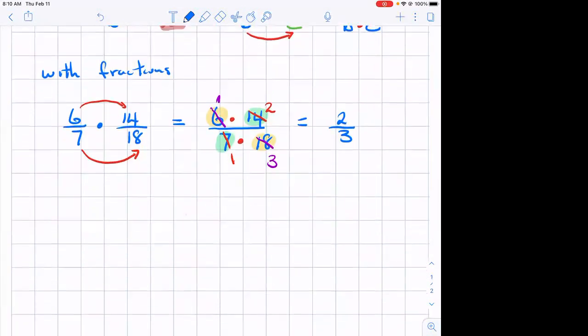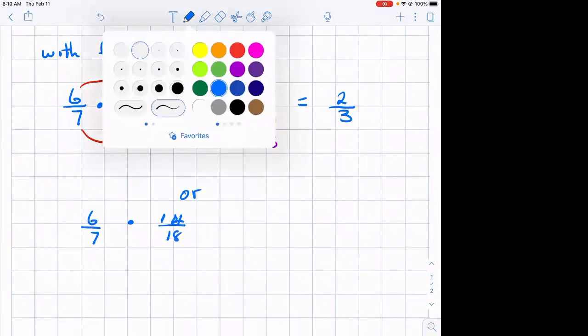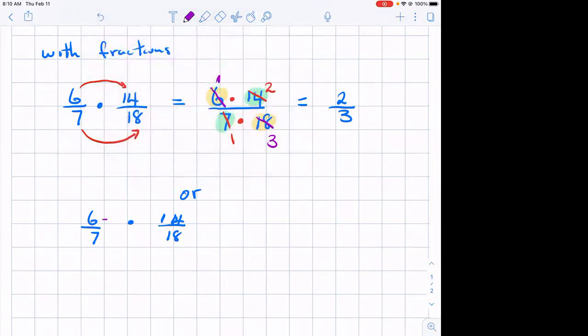In addition, what some of you had learned was to cross reduce. Some of you had learned how to cross reduce. And what do I mean by that? Let's give it some more room. What we do, we divide here by 6.